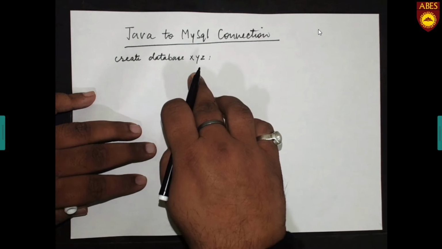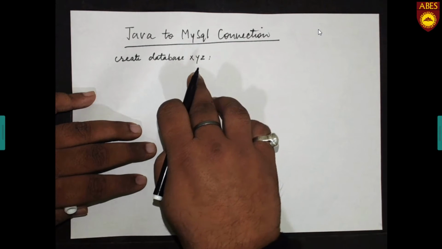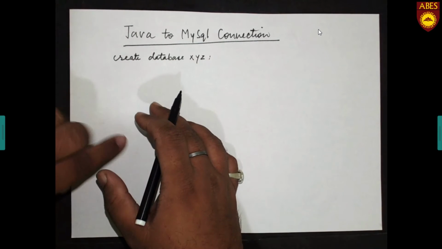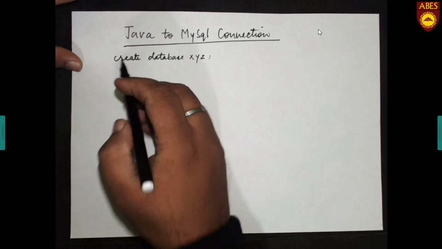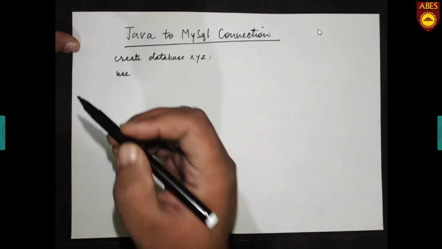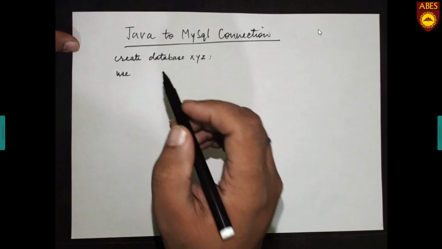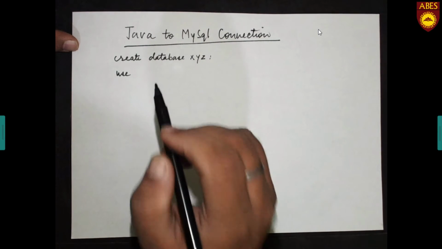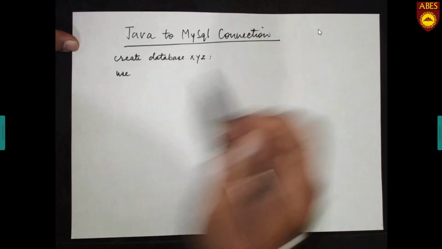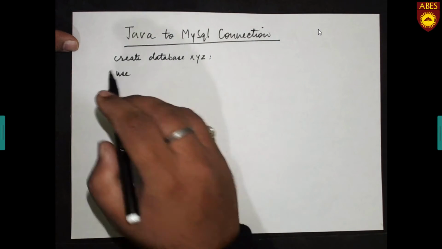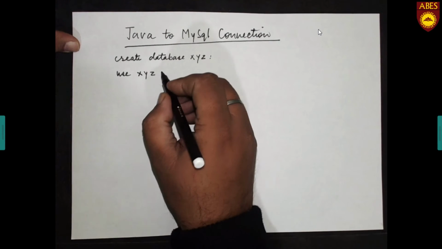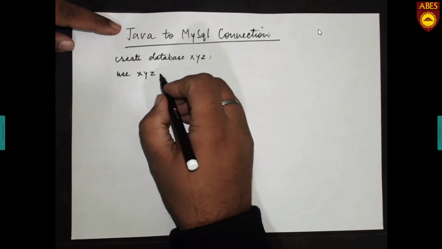After creating database XYZ, we have to use that particular database for creating a table. So on the MySQL command prompt we use commands like create database XYZ, and after creating XYZ we use the database through the use XYZ command.